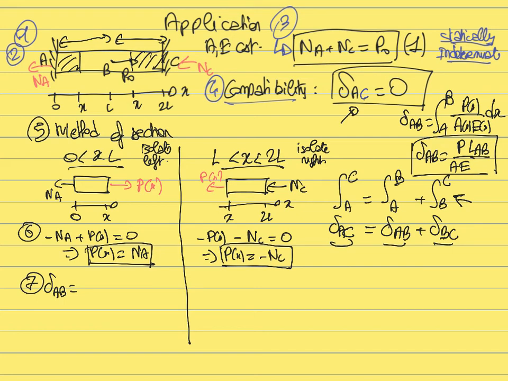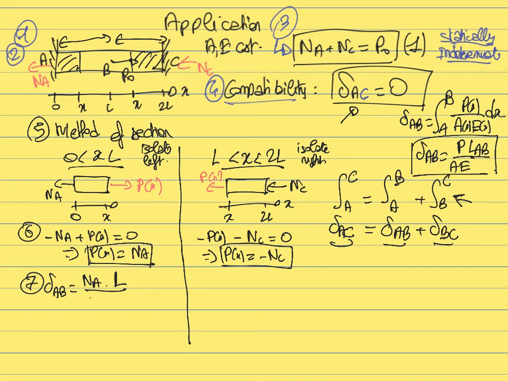So the elongation between A and B is equal to the load, in this case the internal load P equal to Na. Then we input the length between A and B, which is just L in this case. That's the distance between the point A and the point B.